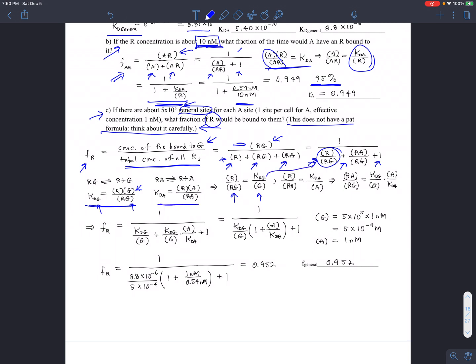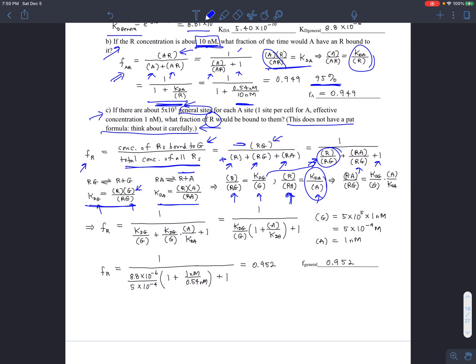From the other equilibrium, Ra goes to R plus A, the dissociation from the A site. Same thing, right? R over Ra is equal to Kd over the A site, and so that can go in there. Plugging that, no, sorry, I take that back. That can't go in there, right? That's R over Ra, but we need Ra over Rg.